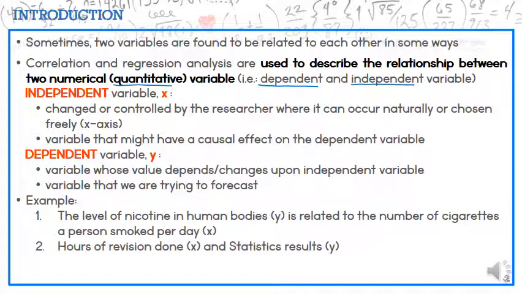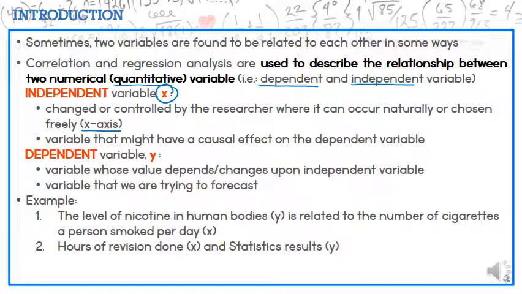Independent variable X is changed or controlled by the researcher, where it can occur naturally or be chosen freely, always on the x-axis. Independent variable also is a variable that might have a causal effect on the dependent variable.